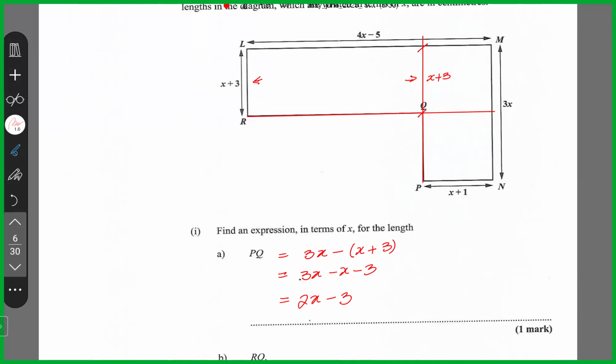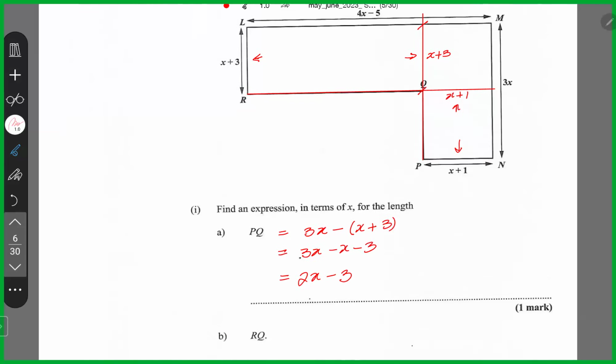But from Q to MN is x plus 1. How do we know? Down here is x plus 1, so up here must be x plus 1.